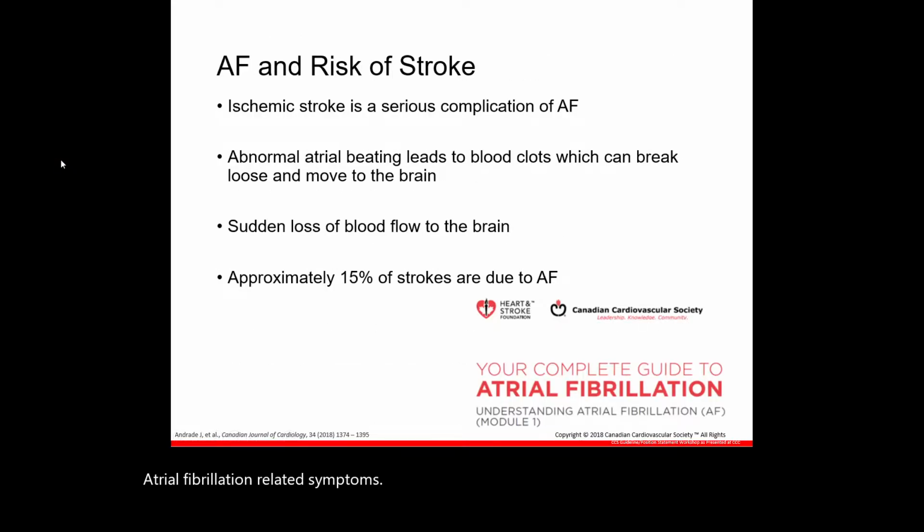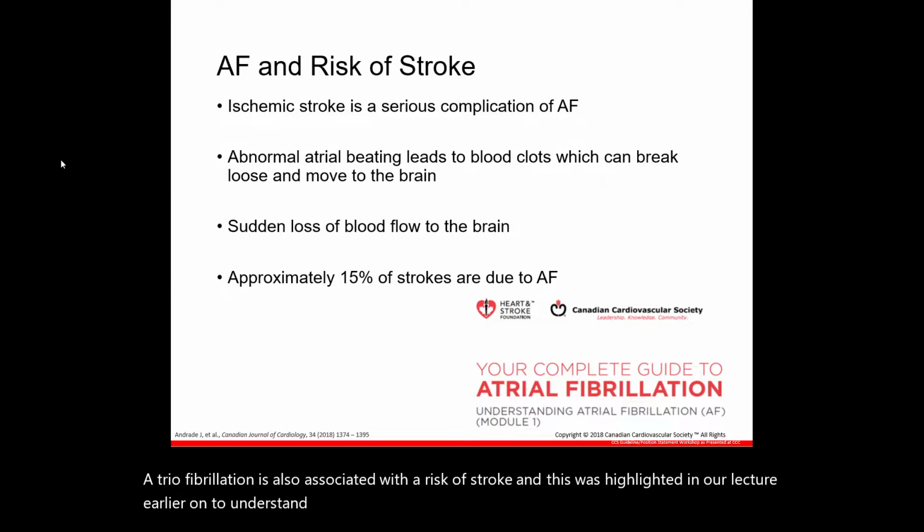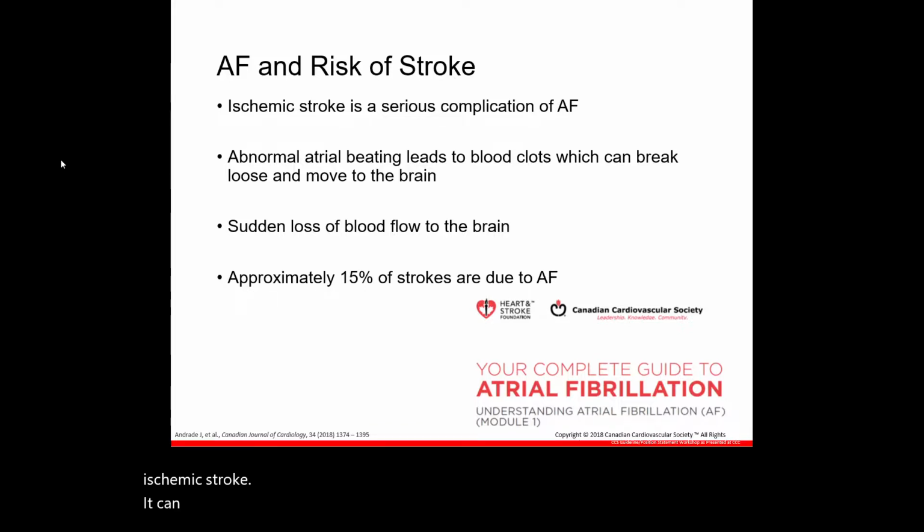Now, atrial fibrillation is also associated with a risk of stroke, and this was highlighted in our lecture earlier on. To understand very briefly the underlying mechanism, in the case of an ischemic stroke, it can manifest from atrial fibrillation because of the abnormal atrial beating.